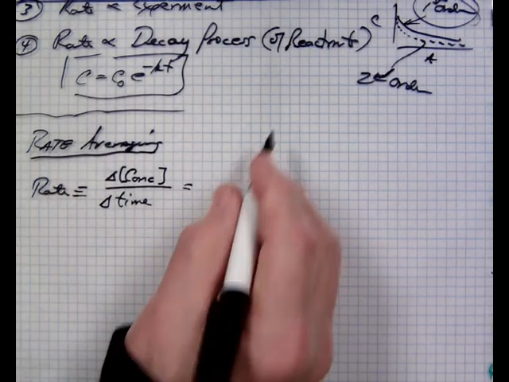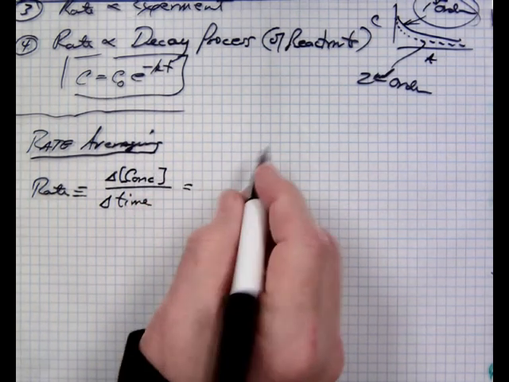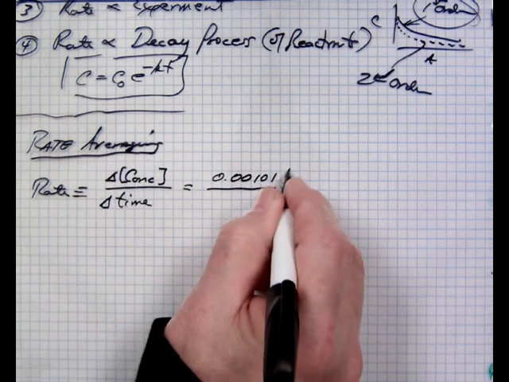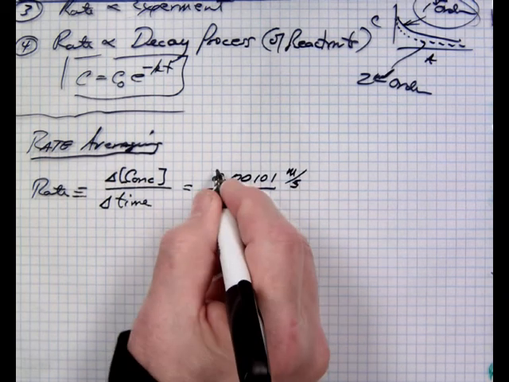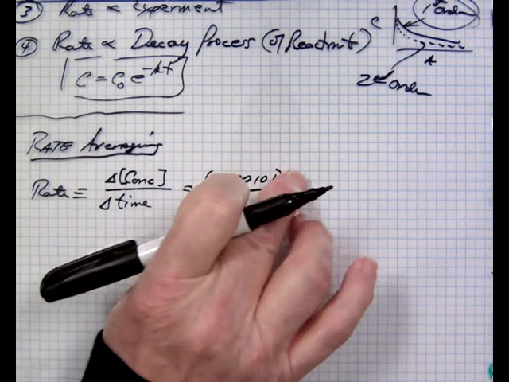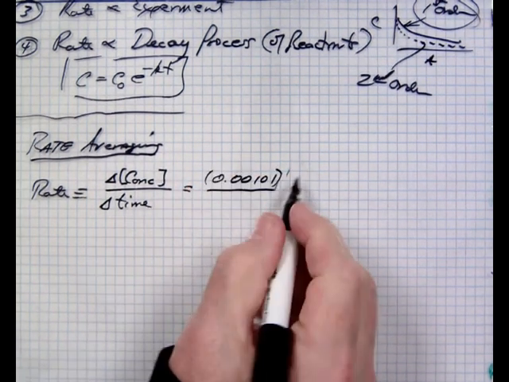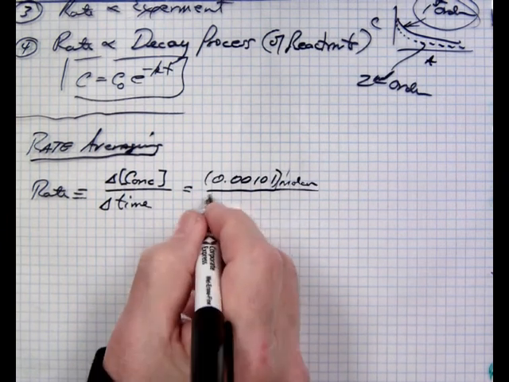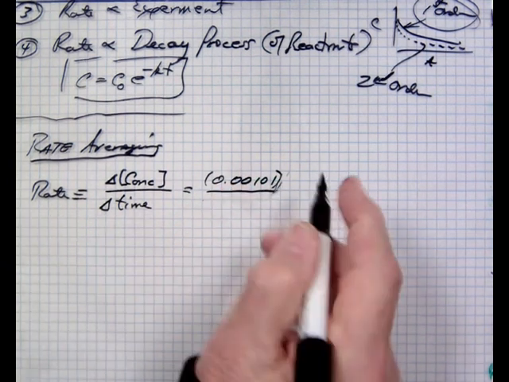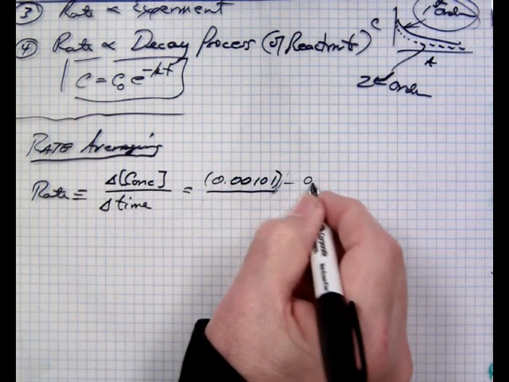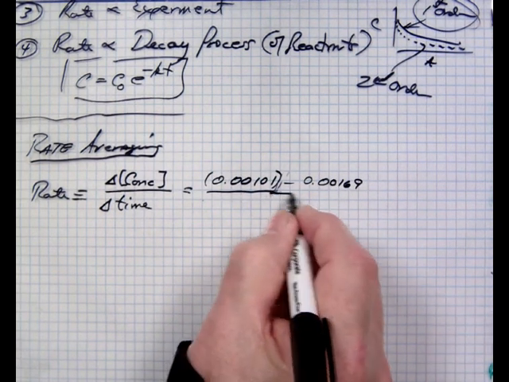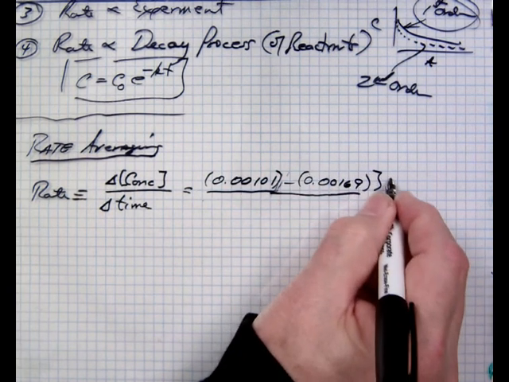In this particular case, change in concentration would be 0.00101 minus 0.00169, and that will be in molarity.